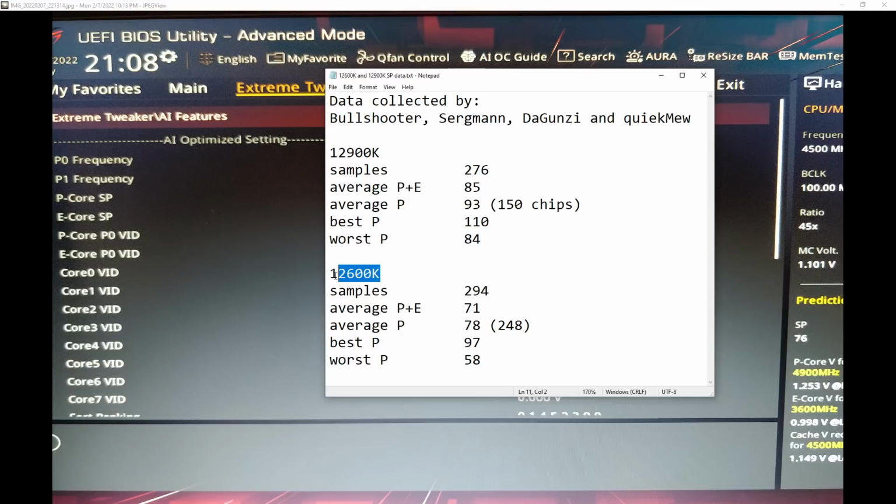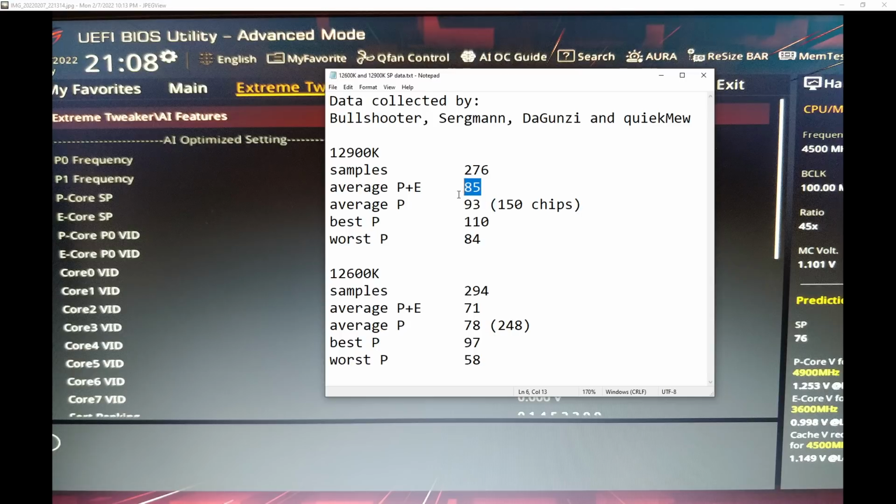Now, the 12600K. Oh, and I should mention that when they were doing this binning, they went through a chunk of the 276 CPUs without checking the P-core ratings specifically. They only checked the P-cores specifically at random for 150 CPUs.